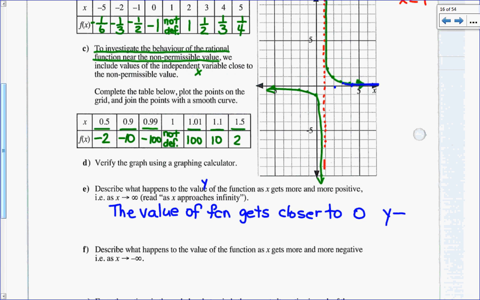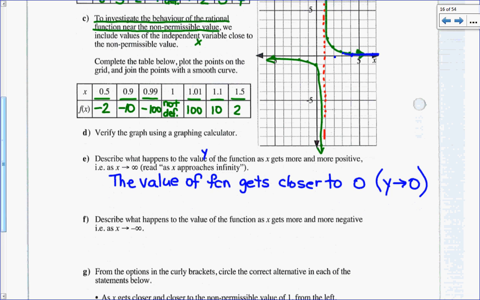So your y, in other words, approaches 0. But again, it never quite gets there either, as your x gets closer and closer to infinity.